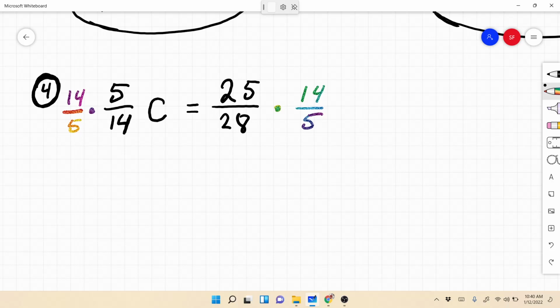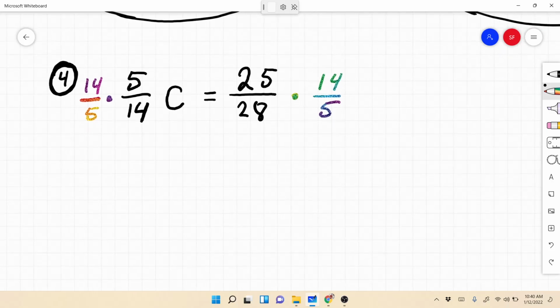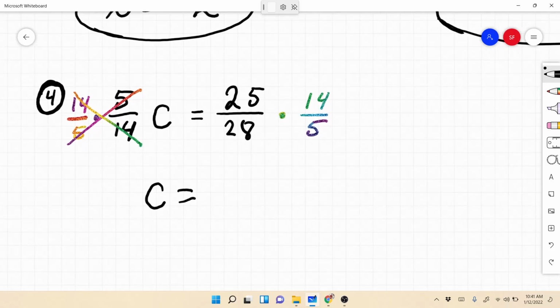Reducing at the beginning is where you do the cross out stuff at the beginning. You'll definitely deal with smaller numbers on this problem, but either way you'll get the right answer. So 5/14 can't reduce. That's true.